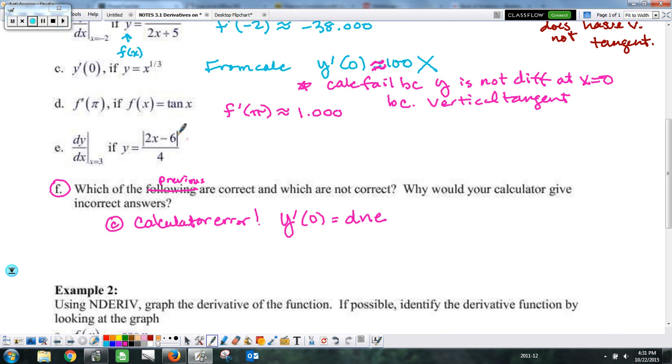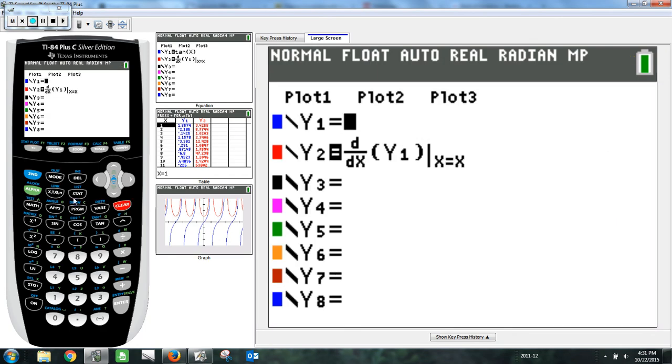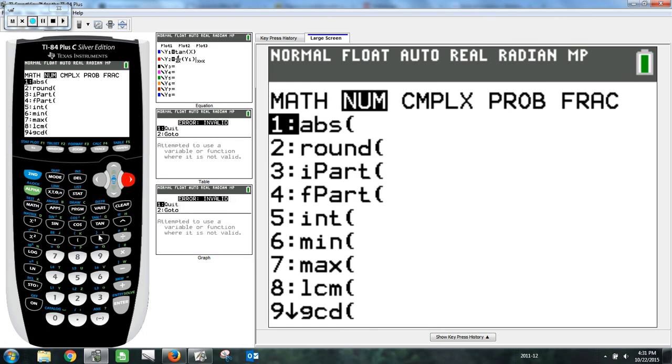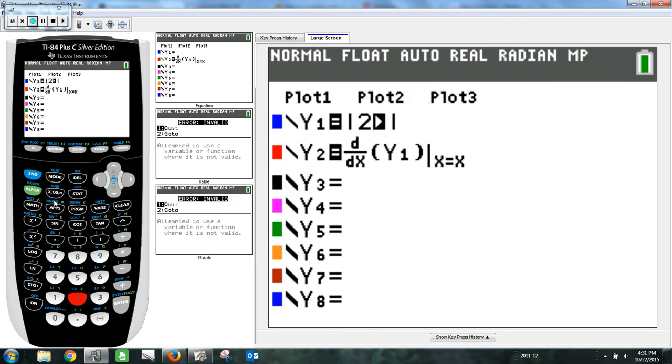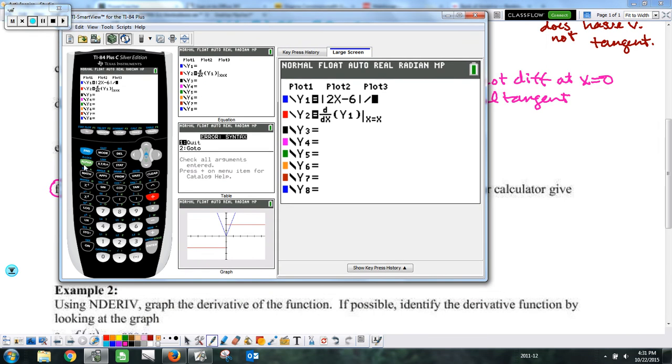We have an absolute value function, which of course we know might be a danger because it has a problem of having a cusp. So let's take a look at our graph. Absolute value of 2x minus 6, and then we are dividing that by 4.